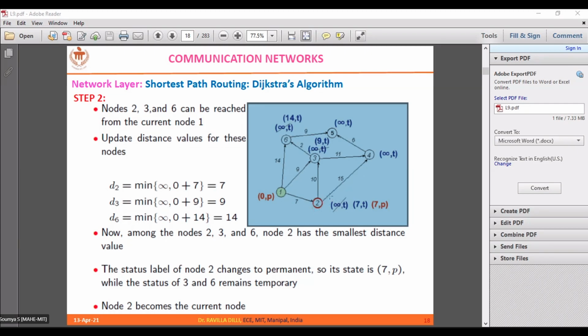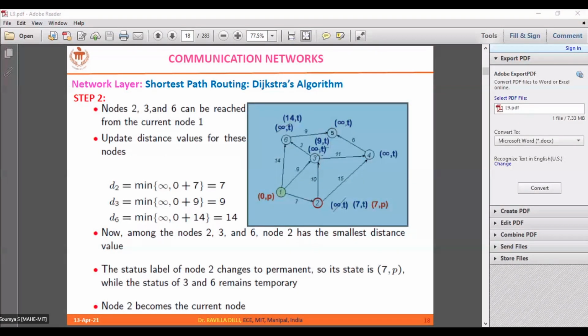From node 2, again you have to try to change the other nodes. Now, node 2 becomes a permanent node. What can you change to from 2? 2 is connected to 3 and 2 is connected to 4. 2 to 3, the cost is 10, right?